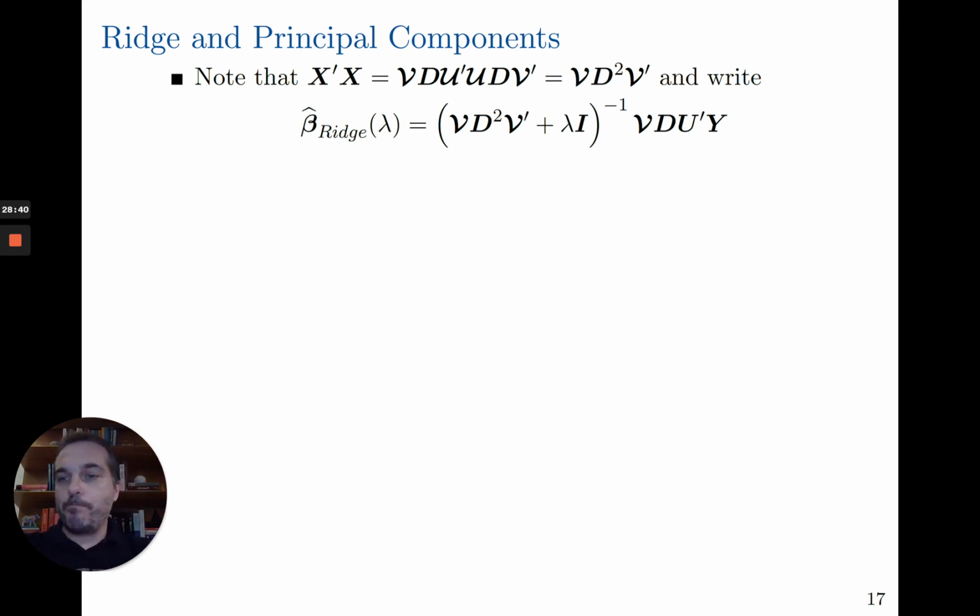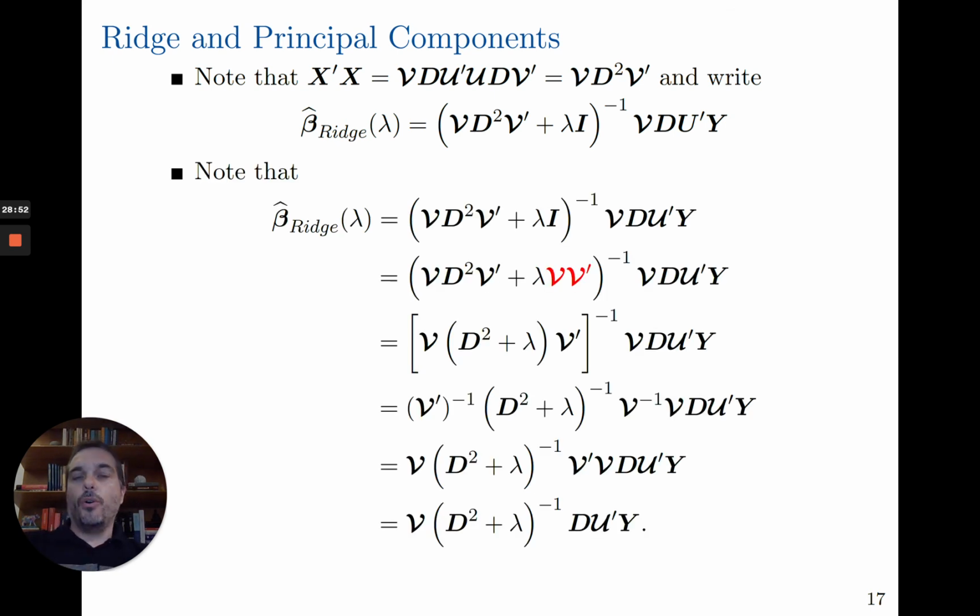So we can write beta hat ridge as V D squared V prime plus lambda I, inverse, V D U prime Y. We can take the identity and make it V prime V, and put V prime in evidence, so V (D squared plus lambda) V prime.